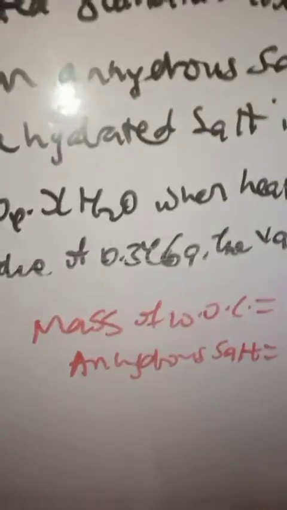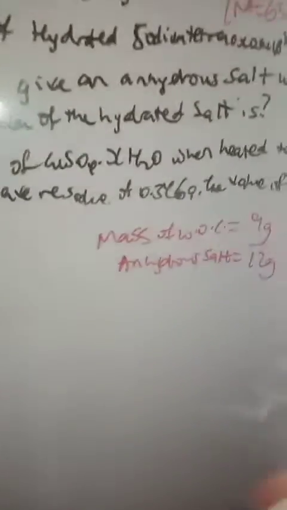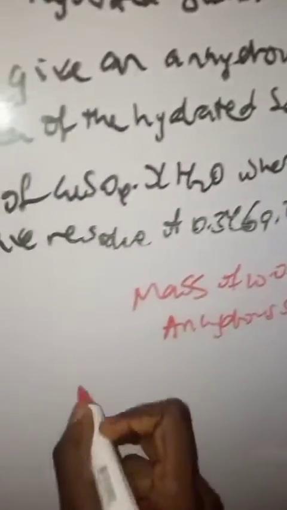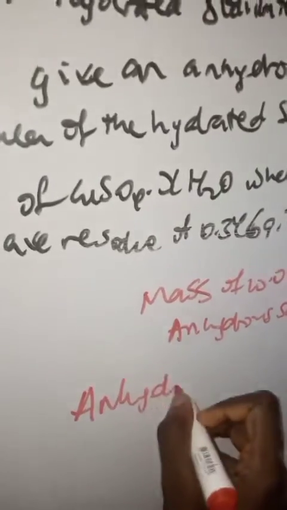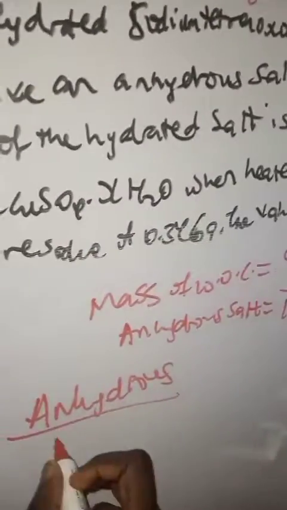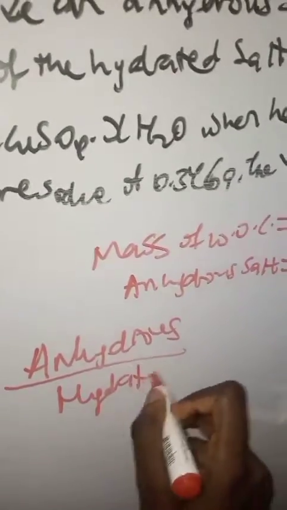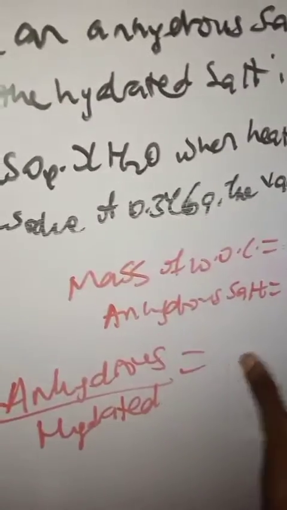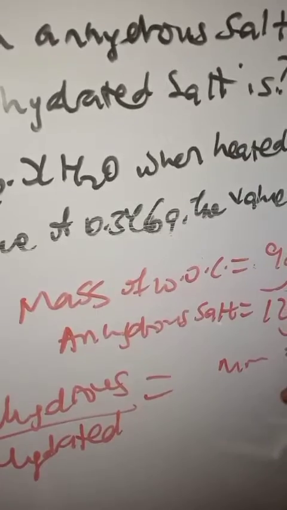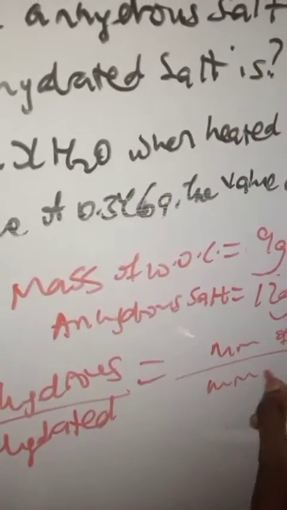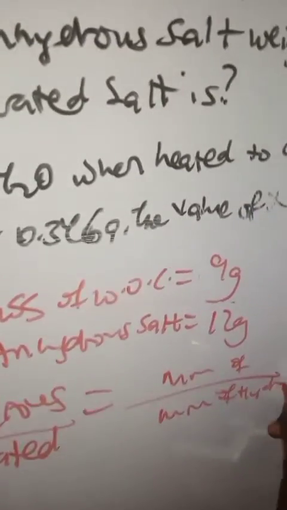They will not tell you to find the number of crystallization. It's very simple. So you know that your normal formula is anhydrous over hydrated is equal to the molar mass of the anhydrous over molar mass of hydrated. So yes, this is how it should be.